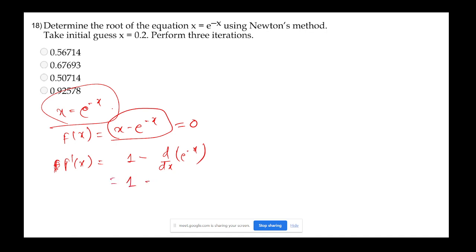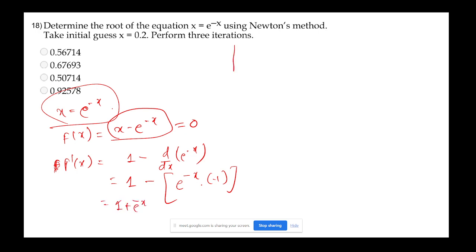The derivative of exponential is itself, times d/dx of minus x, which is minus 1. So this will be 1 plus e raised to minus x.